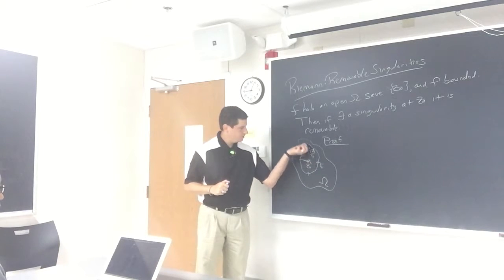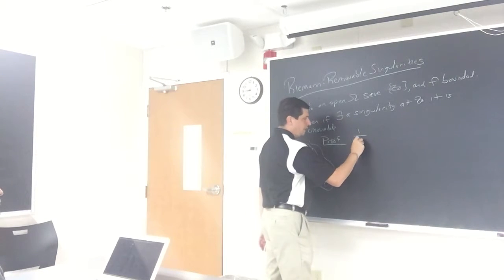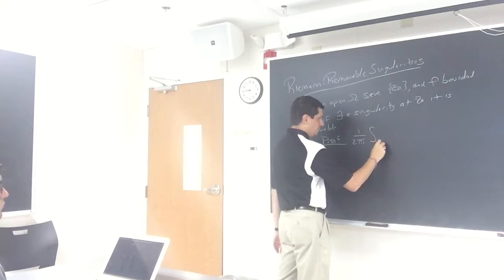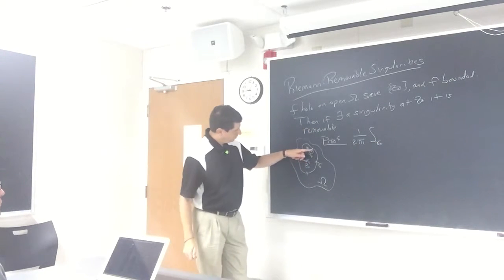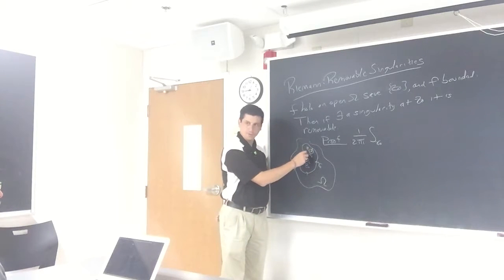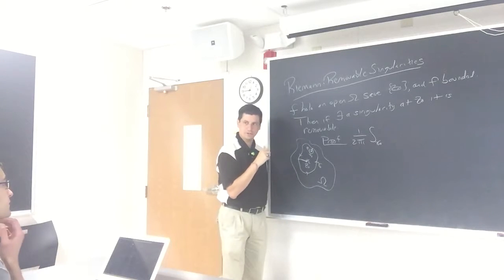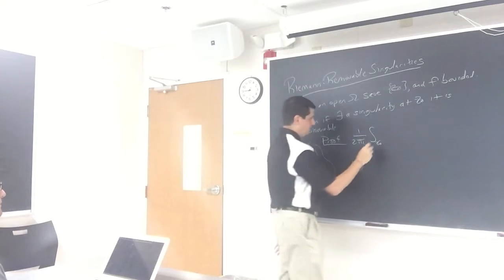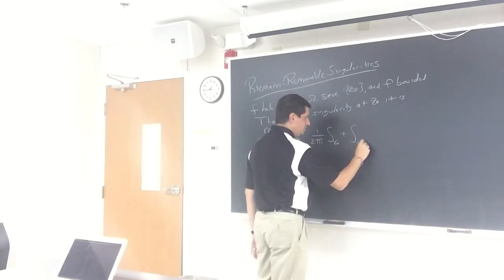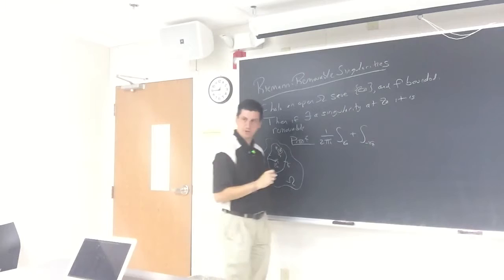The integral over all three of these things is going to be 0. So we have 1 over 2 pi i, the integral over gamma 0. Now, which way do we integrate along gamma z? Clockwise. So we've got to be careful. So plus the integral over, I'm going to write it as minus gamma z to just denote that I'm doing it as a clockwise integral. And then gamma z0 is also going to be a clockwise integral.